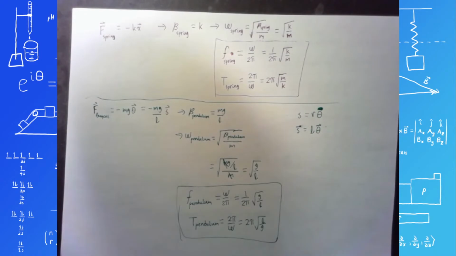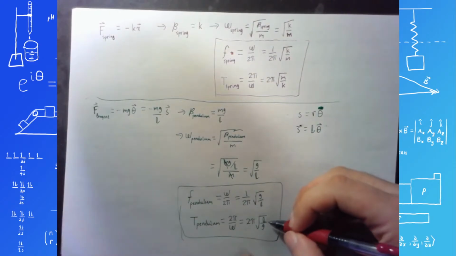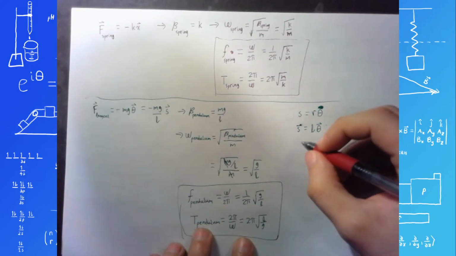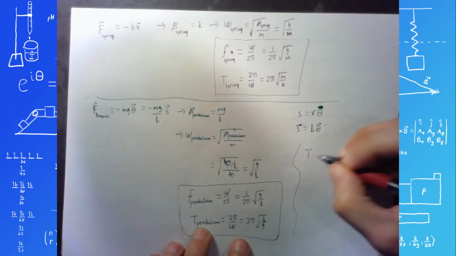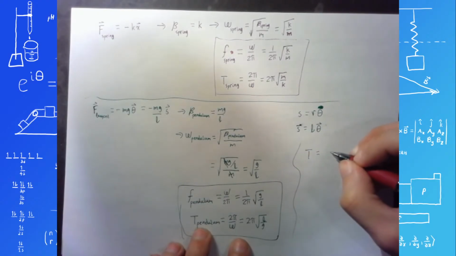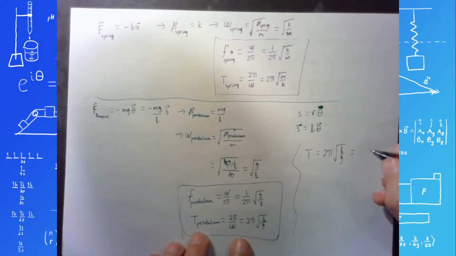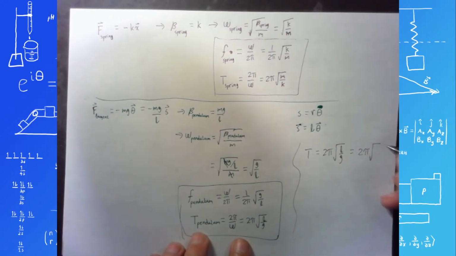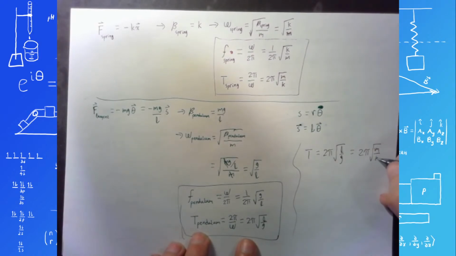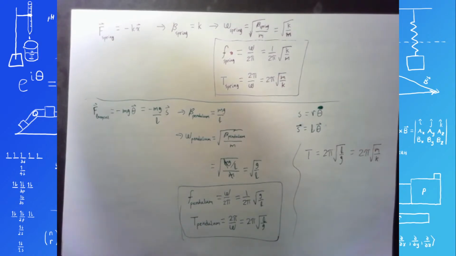And also the other thing about period is if you line up these period equations, 2 pi square root L over g in the pendulum case, or 2 pi square root m over k, I have this nice way to remember what's in the numerator and what's in the denominator, because it's very easy to get these mixed up.